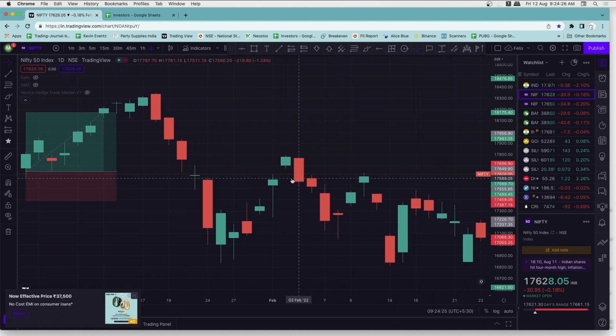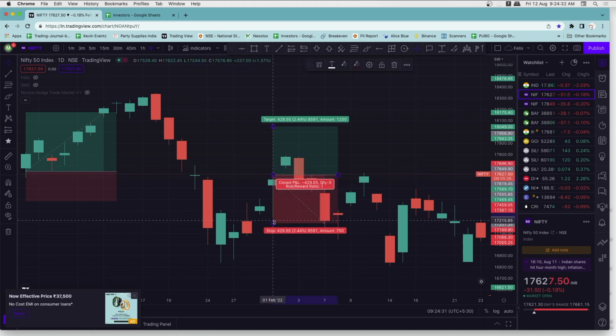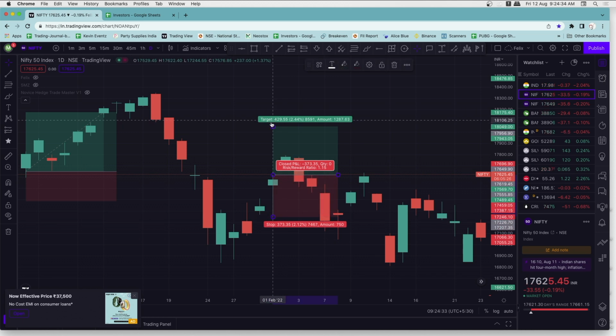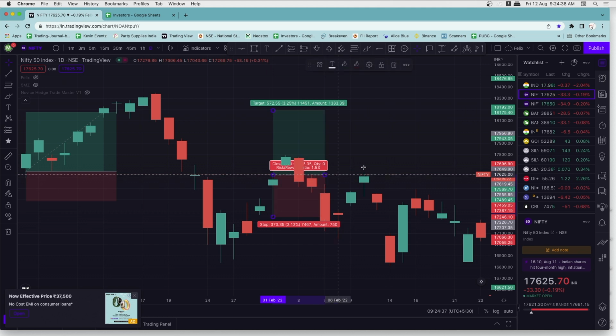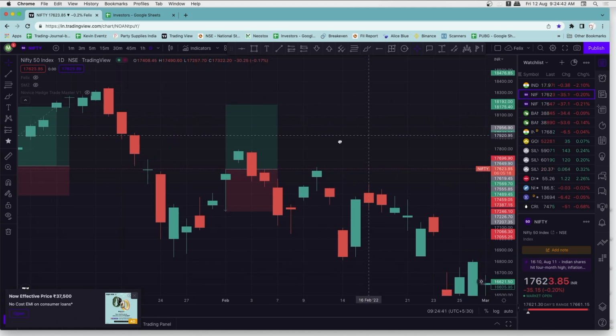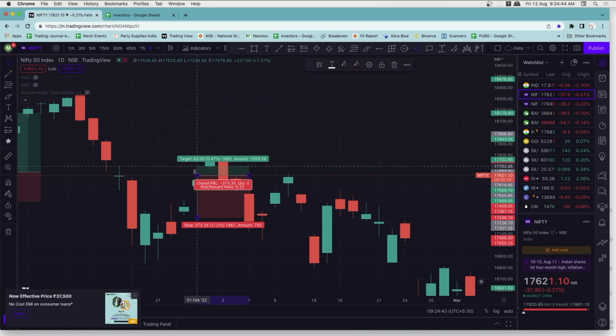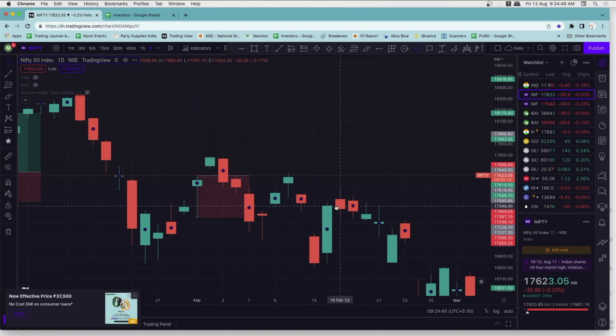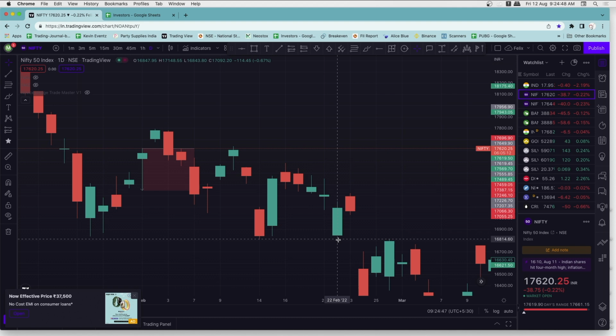In this February month the candle closed above, and after that the market started falling. So taking it to the end of this, the target is not achieved, and it hit the stop loss trade. So we are hitting two stop losses right now. This is the second stop loss.